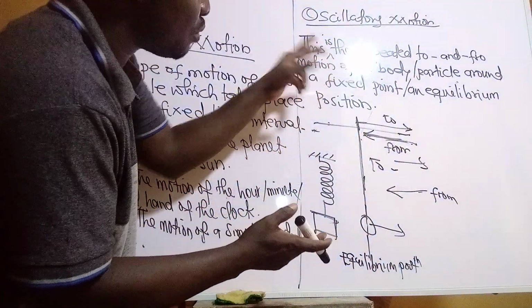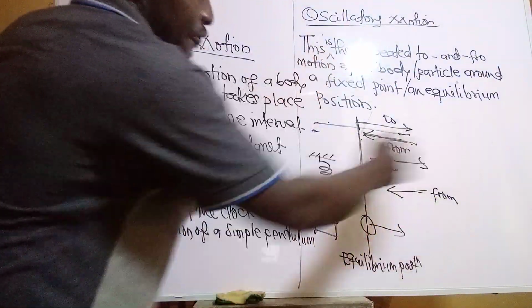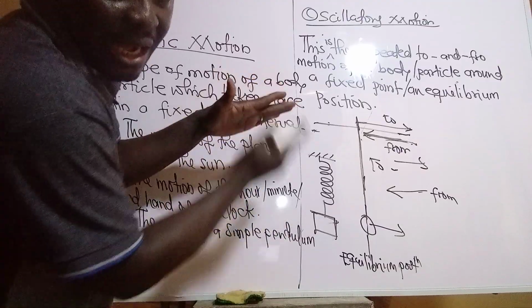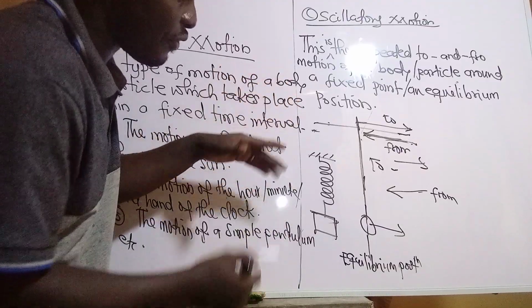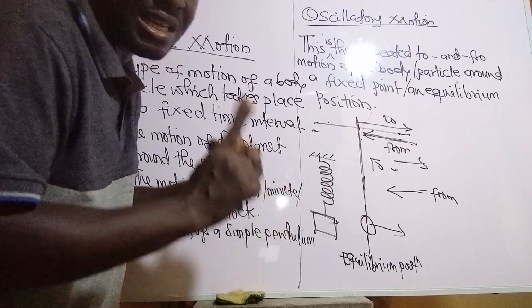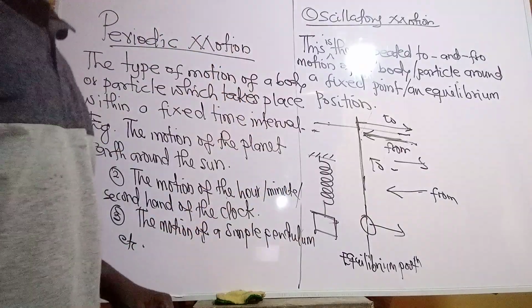So oscillatory motion can either be to and fro, or the up and down or back and forth motion of a body around a fixed point or equilibrium position.